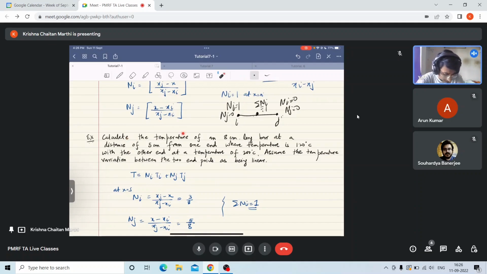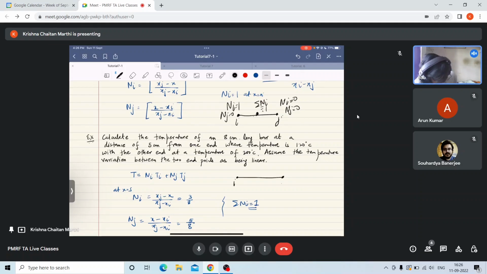So calculate the temperature of an 8 centimeter long bar at a distance of 5 centimeter from one end where temperature is 120 degree centigrade, with the other end at a temperature of 200 degree centigrade. Assume the temperature variation between the two endpoints as being linear. So let us draw the point.